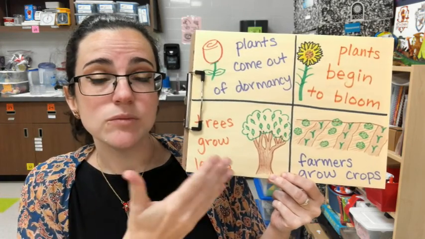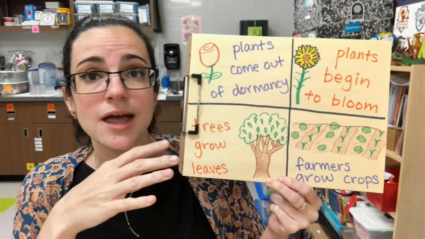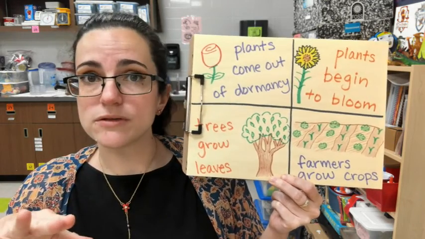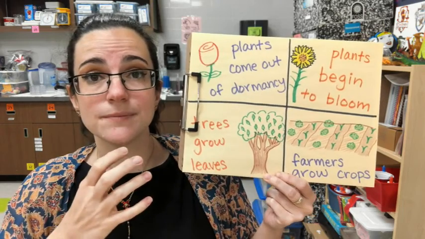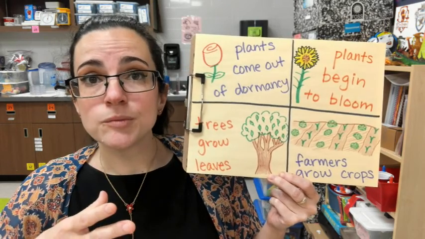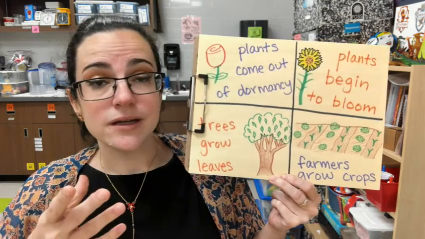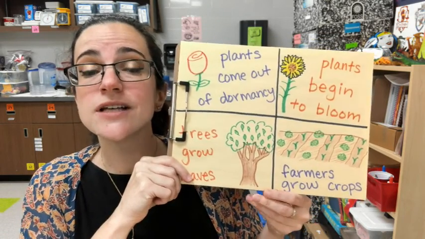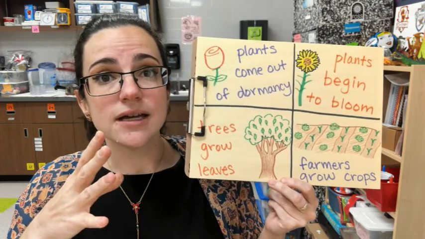And as we move from winter to spring, they come out of dormancy. They're no longer dormant. So we're going to start seeing flowers bloom, grass become green again, trees start growing their leaves or little flower buds again.